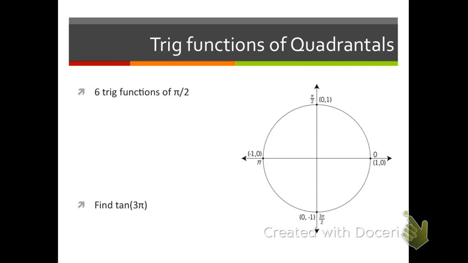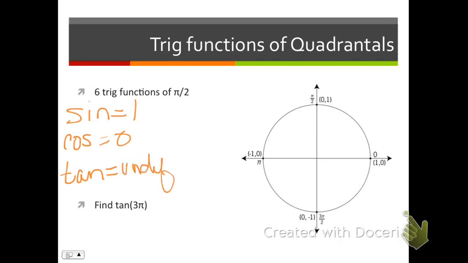So if I were going to write down the 6 trig values of pi over 2, sine, and I'm being lazy and just writing sine and not writing the angle. Sine is 1, cosine is 0, tangent should be 1 over 0, but that's undefined. I can't divide by 0.